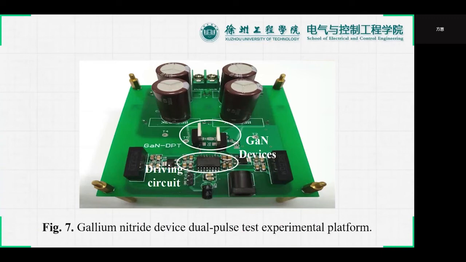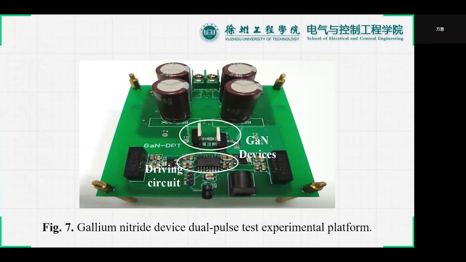In order to verify the accuracy of the analytical model derived in this paper, mathematical calculation software is used to solve the above analytical model of the switching process, and the voltage and current waveforms of the turn-on and turn-off process are made.